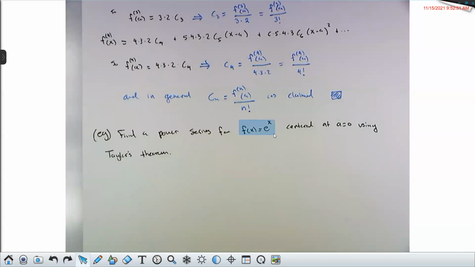I've already shown you this power series, I think at least once, and told you what it is, but we haven't verified it. And this is a good first example for using Taylor's theorem because it's so simple, because the derivatives of e to the x are always just e to the x.